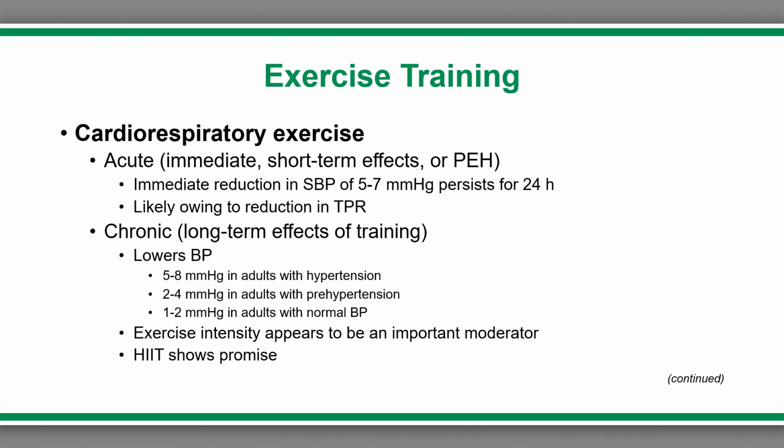If somebody exercises multiple days, Monday, Tuesday, Thursday, Friday, they have that acute, immediate, short-term decline, which is really pretty important. This is probably because of the total peripheral resistance declining, and remember that was what we thought of for hypertension.